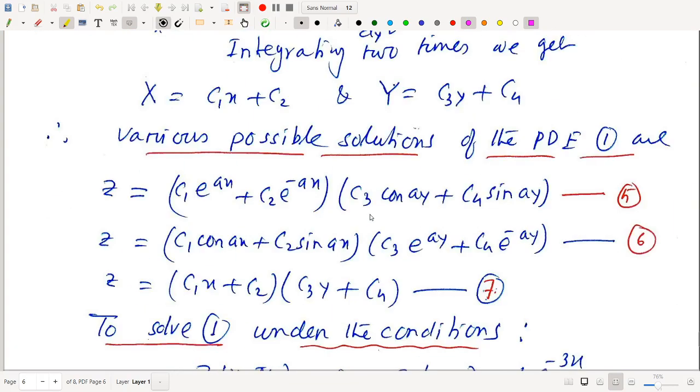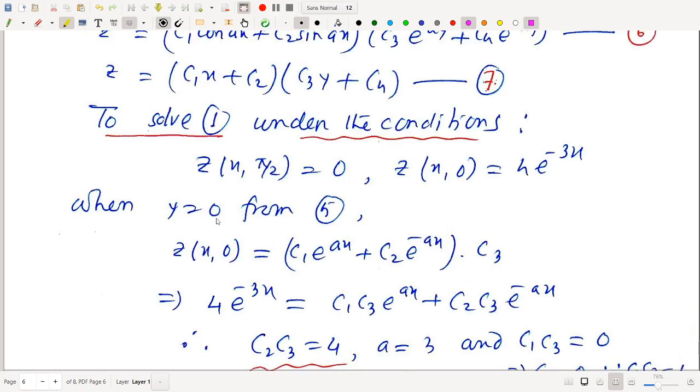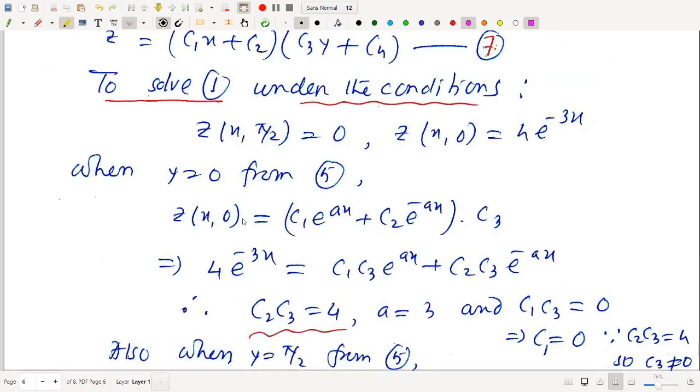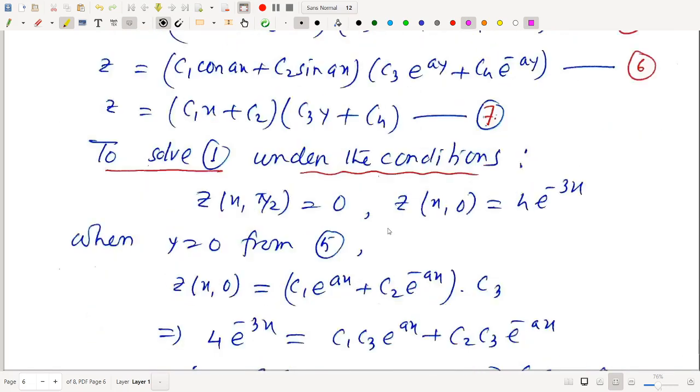So when y is 0, from number 5, let us see this solution 5 first. When y is 0, what do we get? z(x, 0) is c1 e^x + c2 e^(-x) times, with sin 0 being 0 and cos 0 being 1, only c3.